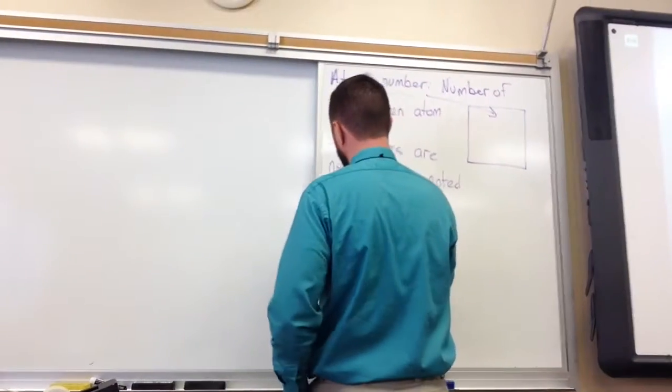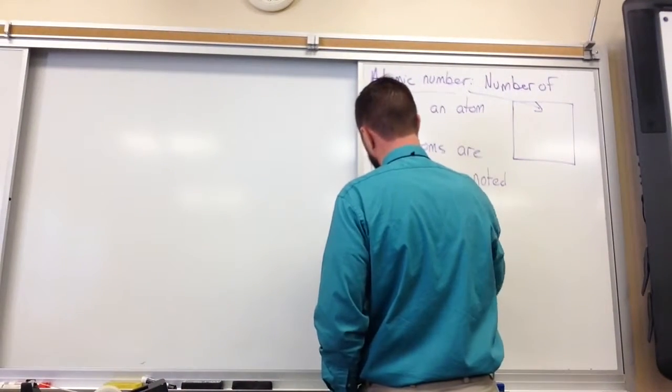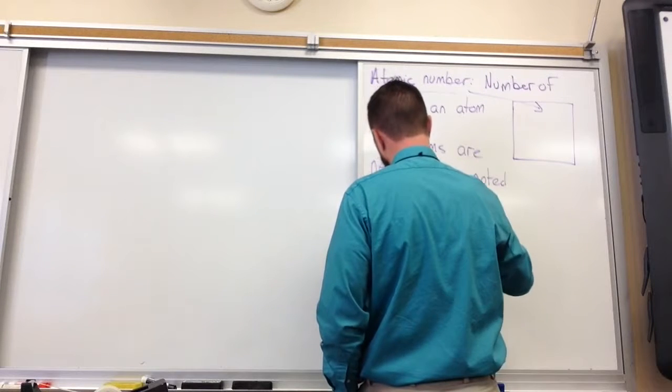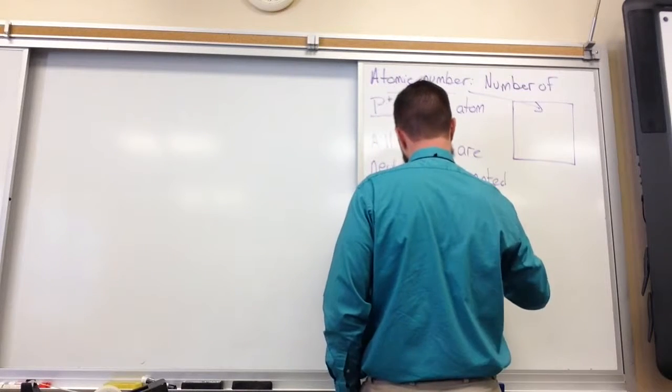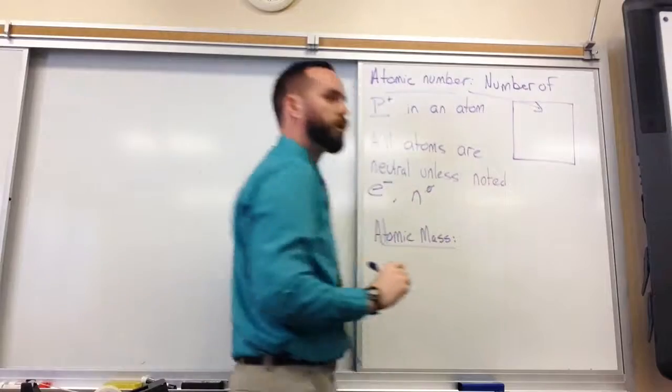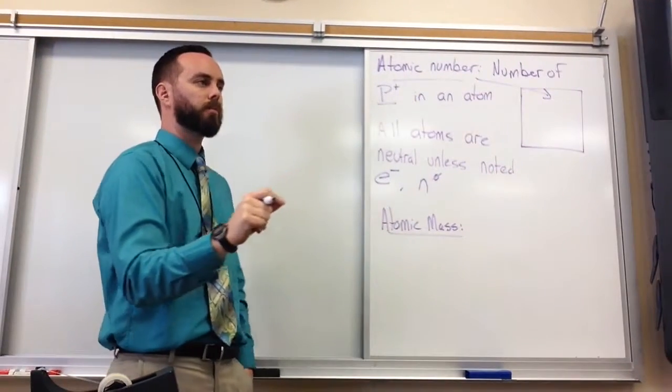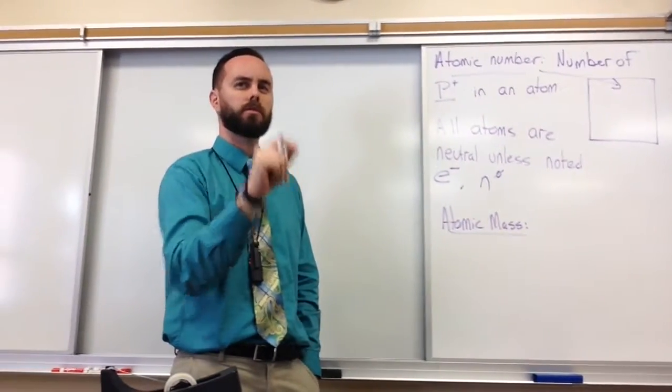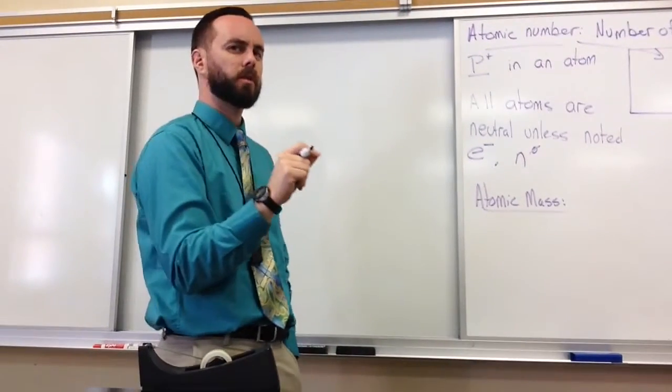So the next thing we need to write down is atomic mass. And I know that was a vocab word in there, so he's got the definition. Junior, you got the definition for atomic mass on there?